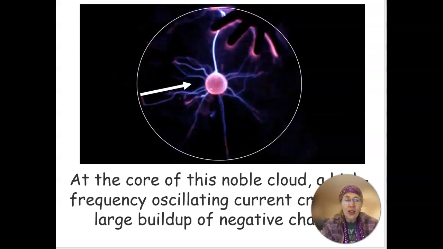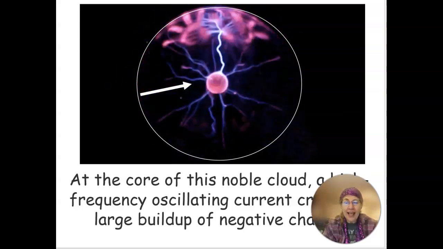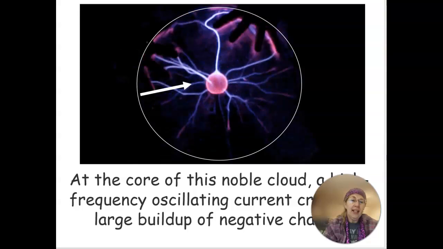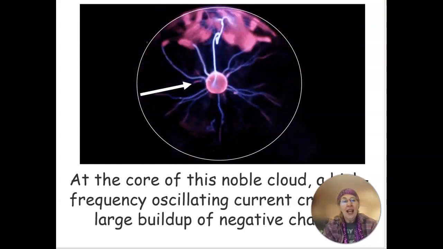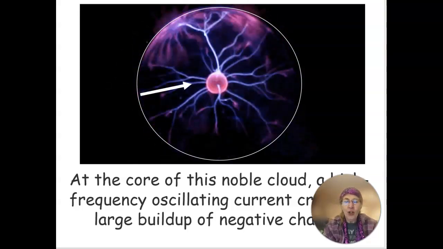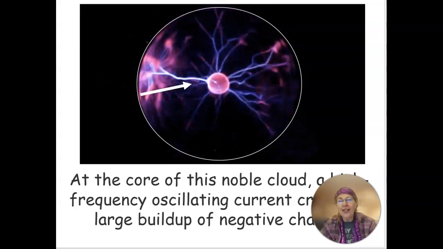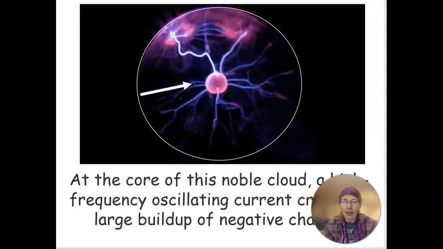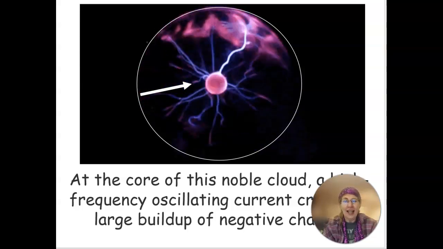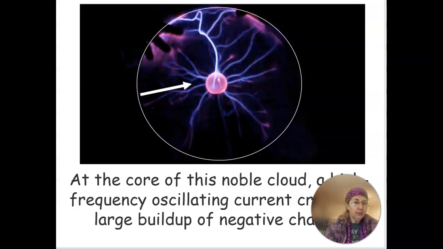So as those electrons get knocked off the gases, they build up. And so negative charges repel each other. And so this negative charge gets pushed out towards the center of the ball. And that's why we see it crashing on the outside.